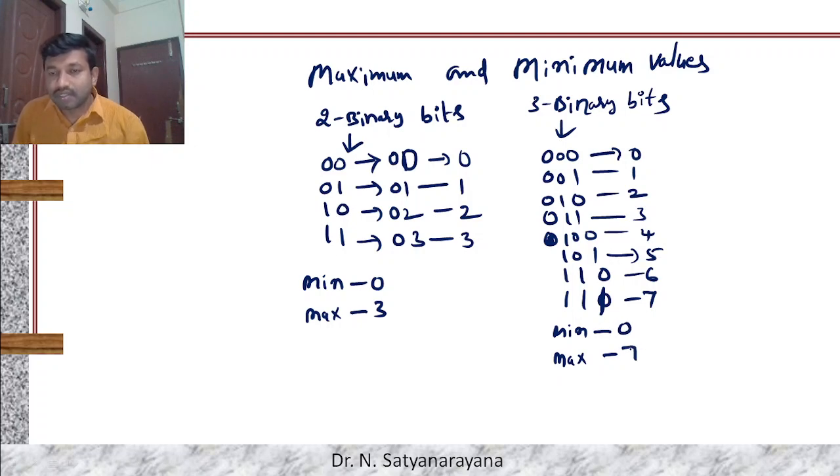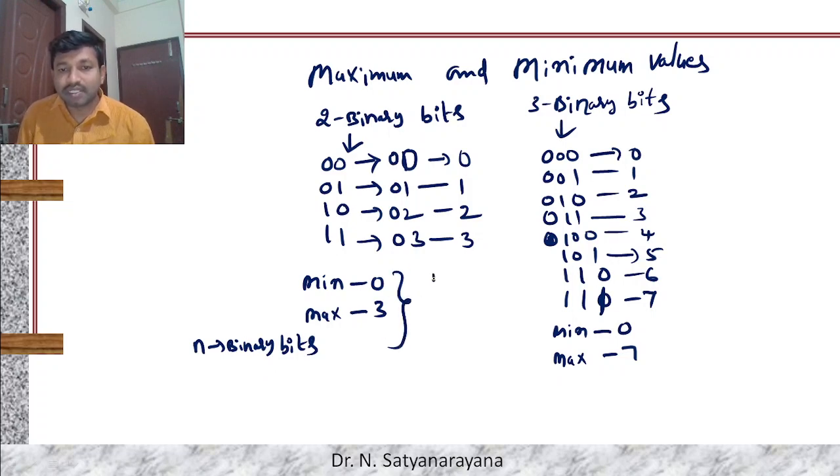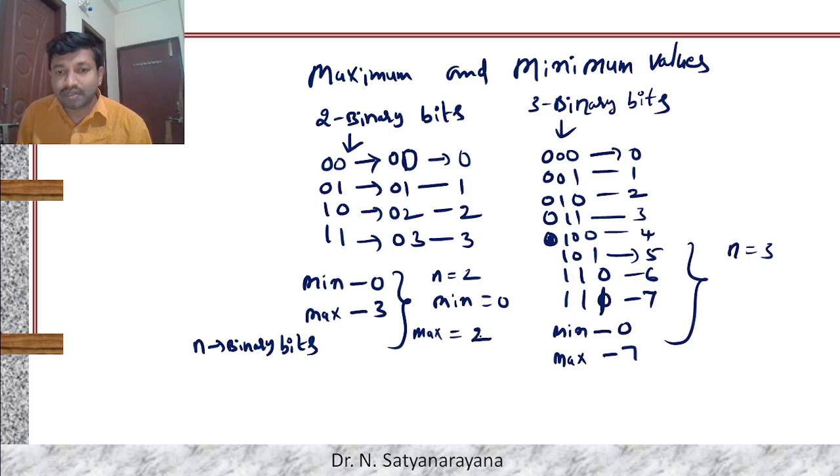So if I have n binary bits, what would be the maximum decimal value that I can represent? Here n is equal to 2, and here n is equal to 3. The minimum value in both cases is 0, and the maximum value I can frame like this: 2 power n minus 1.